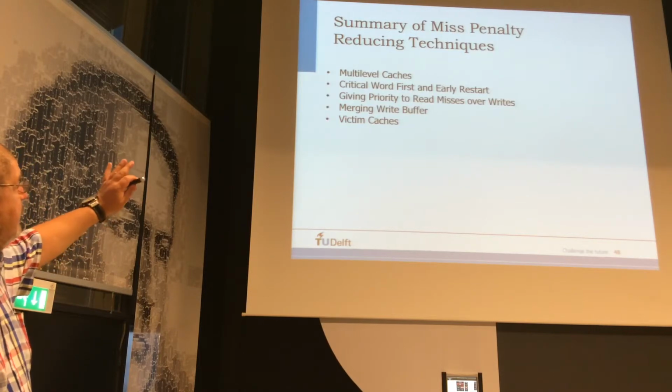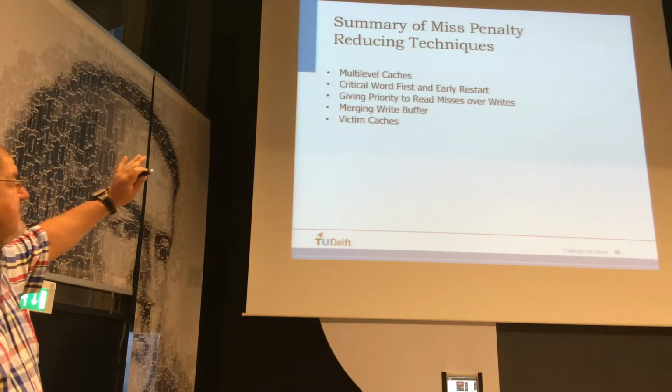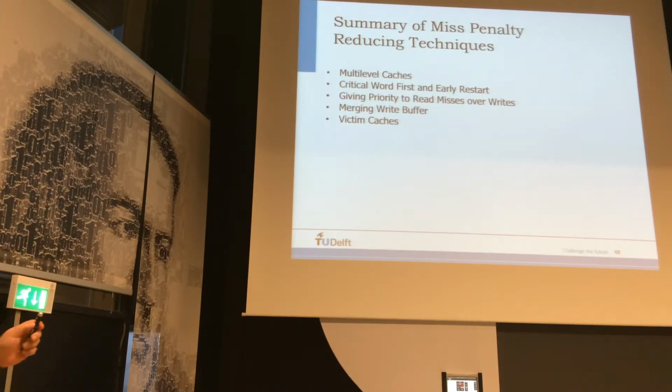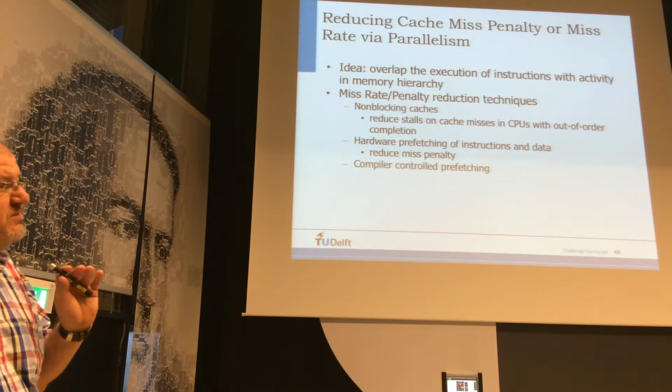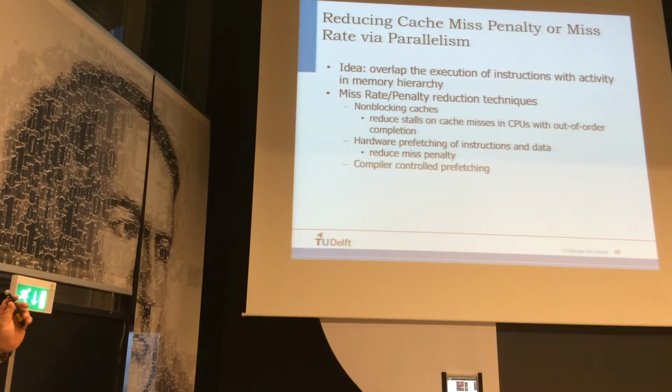Now, those are the kind of techniques which we are using to deal with the miss penalty. Then we finish also with the second term. And we also do things which are a bit more advanced and a bit more speculative. This one is a bit of an out-of-order execution.